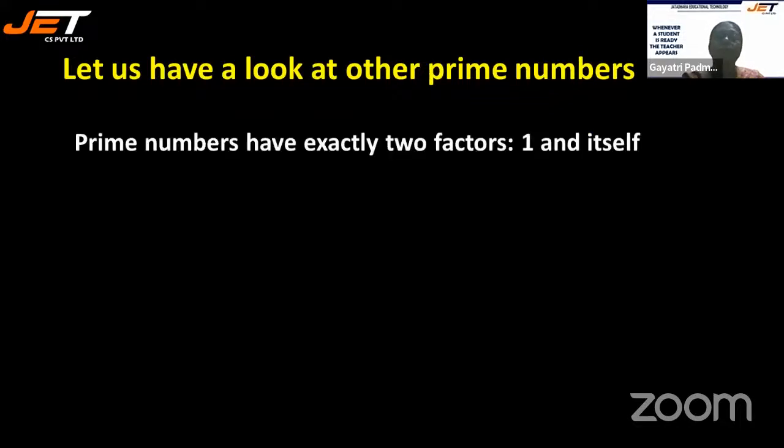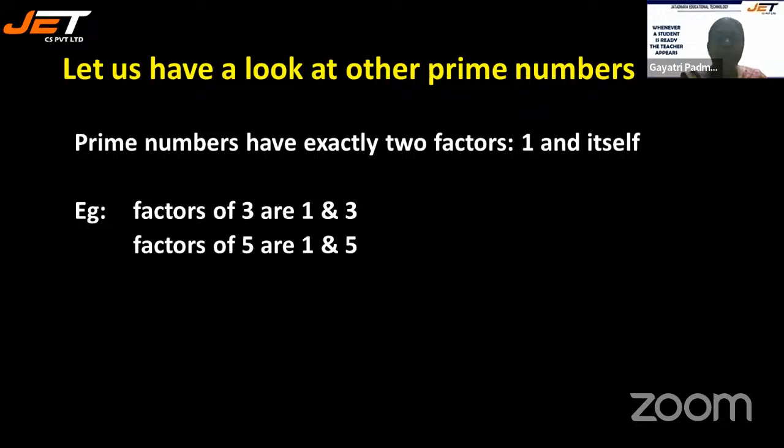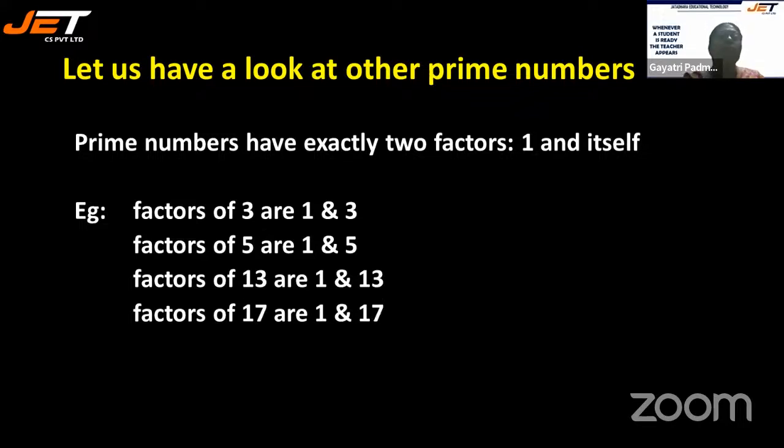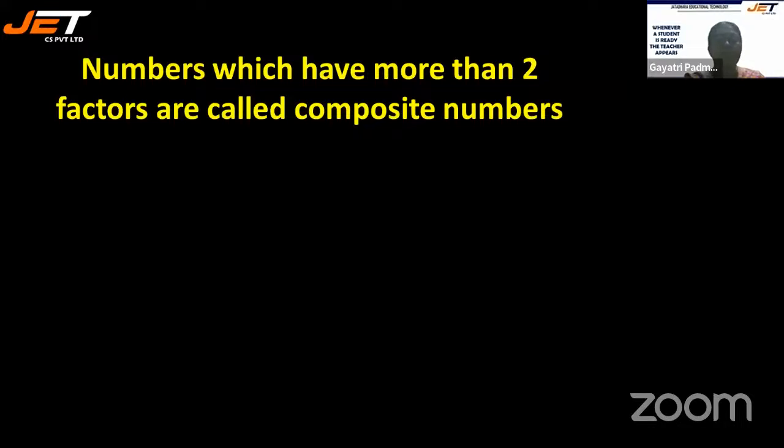Let us have a look at other prime numbers. Prime numbers have exactly 2 factors, 1 and itself. So, the factors of 3 are 1 and 3. Factors of 5 are 1 and 5. Factors of 13 are 1 and 13. Factors of 17 are 1 and 17.